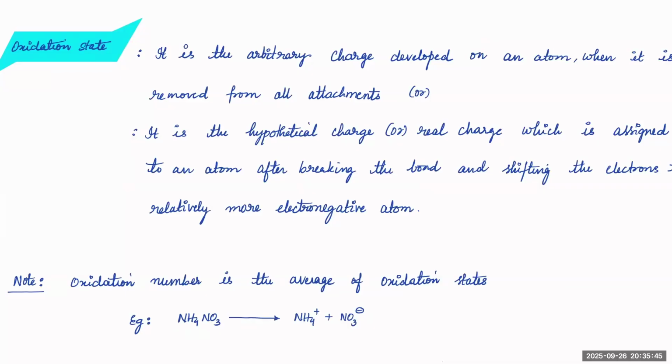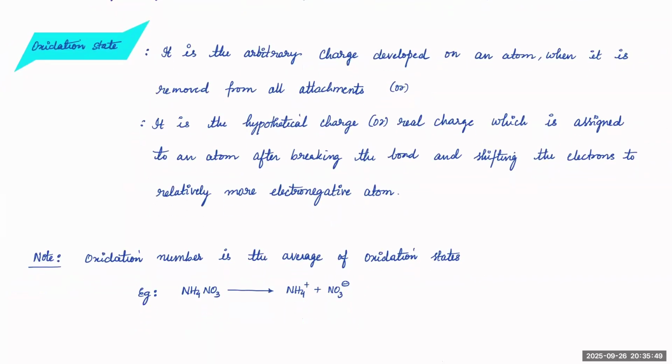Now, what does that exactly mean? See, it is an arbitrary charge that is developed on an atom when it is removed from all the attachments. Usually, this kind of definition is more valid for covalent molecules or covalent species.